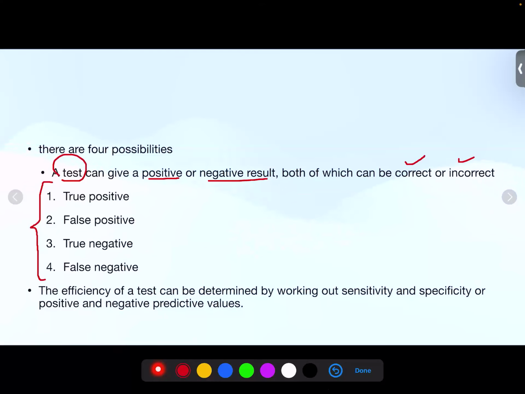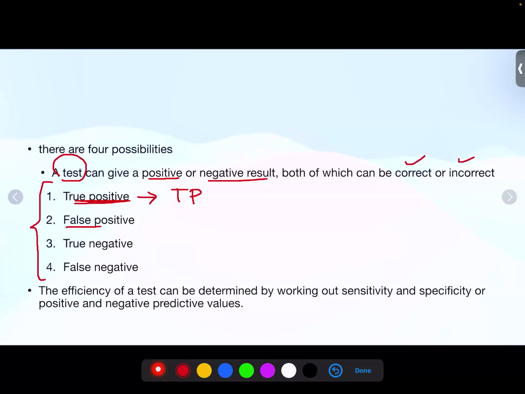Basically, either it diagnoses the true cases, which means this is the true positive rate. It means the test which diagnoses that individual as positive is actually a truly diseased person. So this is a true positive of that test.